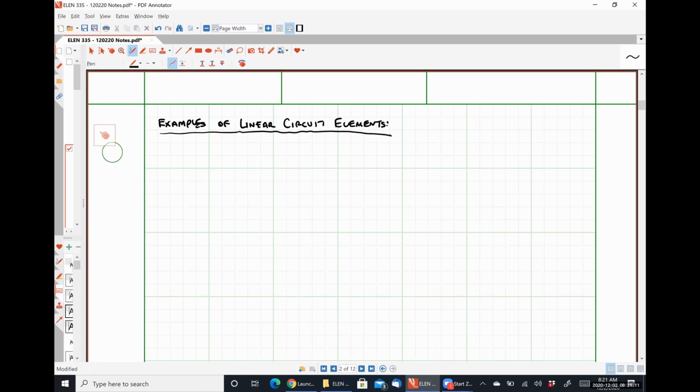So let's start with a resistor. And again, we did all of this in circuits 1. But resistors are governed by Ohm's law. V is equal to R times I. So I'm going to say that our response is the voltage and our input is the current. So I could write an equation.